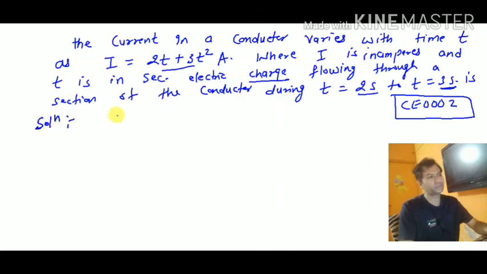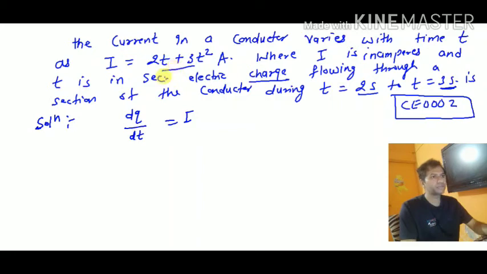Solution. Now suppose I have a small charge dq and I divide it by dt, so what I will get? Current. It means if I differentiate charge with respect to time, then I will get current. But here the process is reverse.